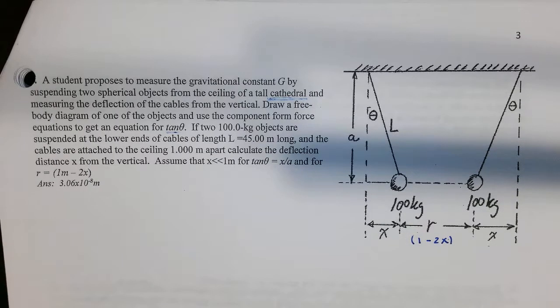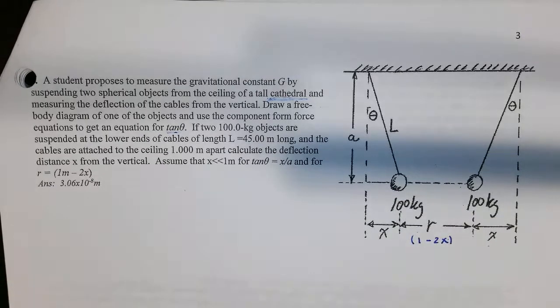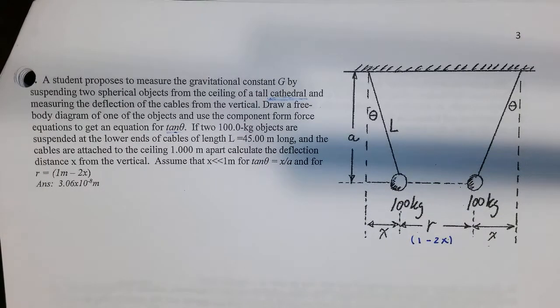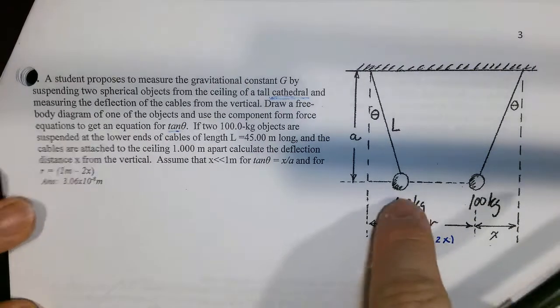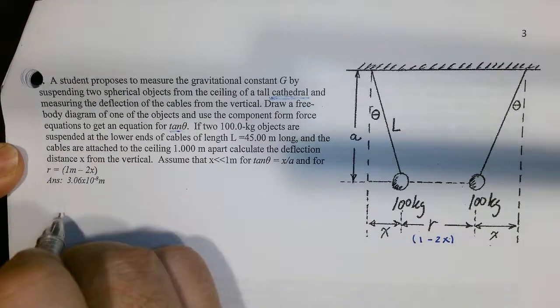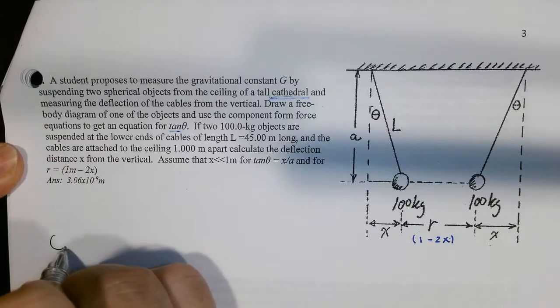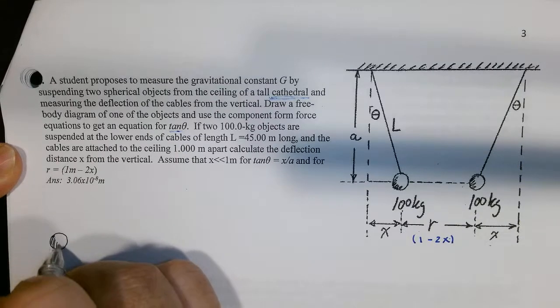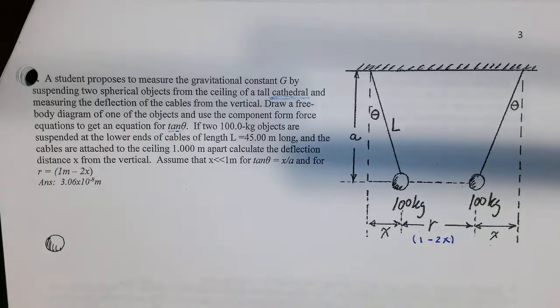Let's think about what's going on with the free body diagram right here. If we had this object just by itself, just one of the balls, let's see all the forces acting on it.